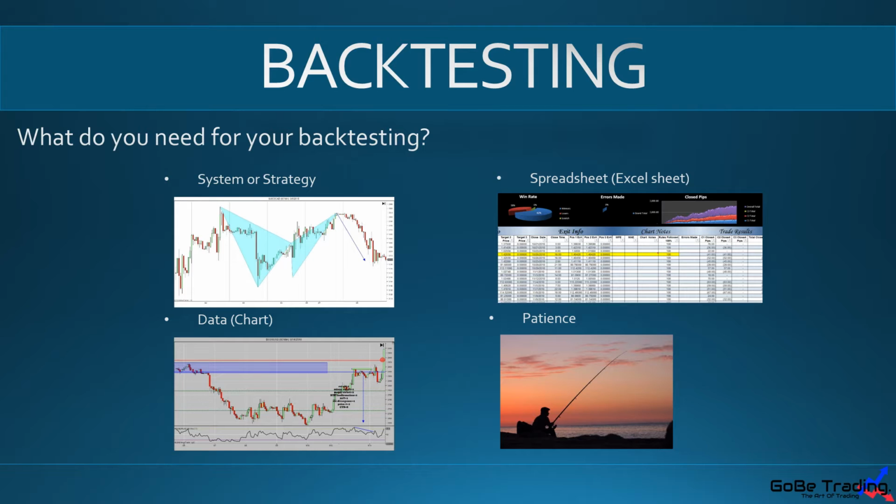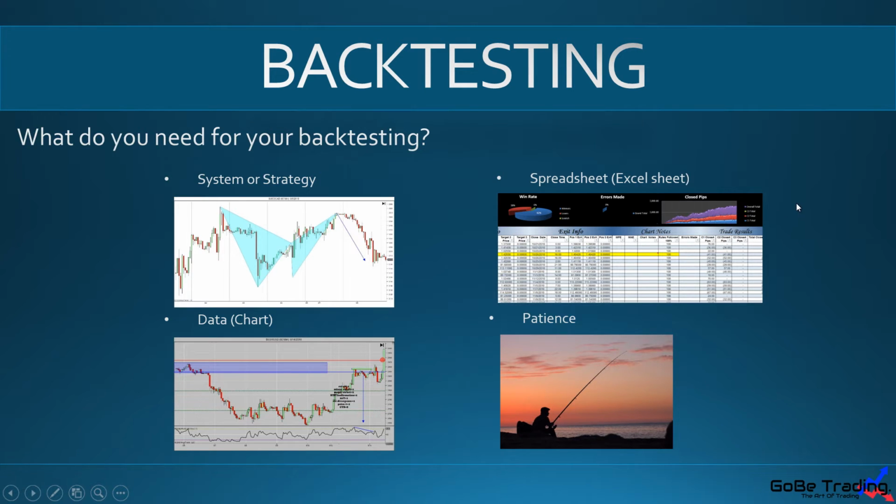But when you already back tested maybe 30, 40 trades, you're gonna be tired. You're gonna be bored, and more bored if your system is showing that it's not profitable at all. So be patient. You're gonna be really bored, but at the end, when you finish your back testing, you're gonna feel good about yourself because you're gonna know your numbers. You're gonna see if your system is profitable or not, and when it's profitable.